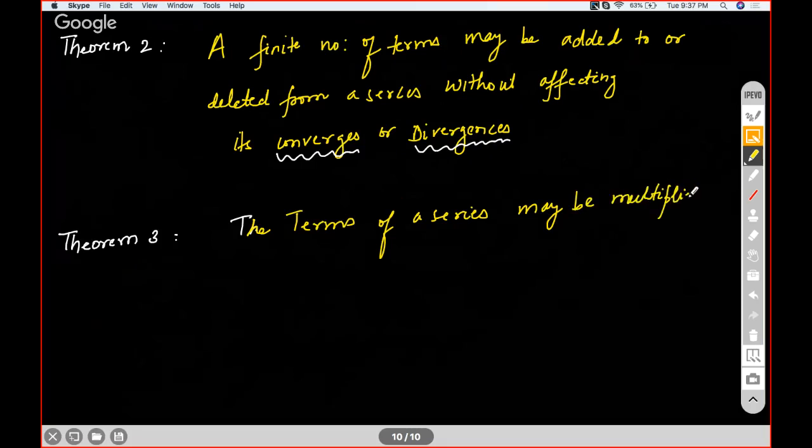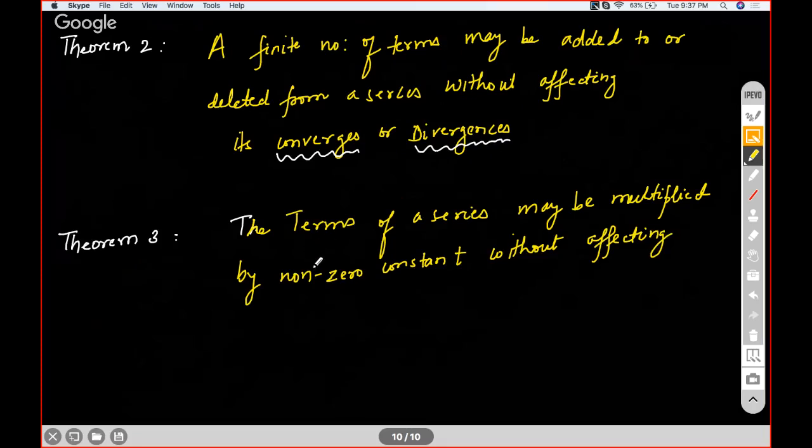Multiplied also includes division as well, because if you're multiplying by a fraction, it's as good as dividing. So it has to be one particular number. It has to be a non-zero constant.